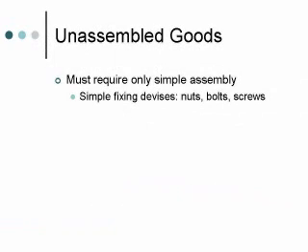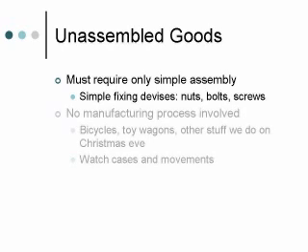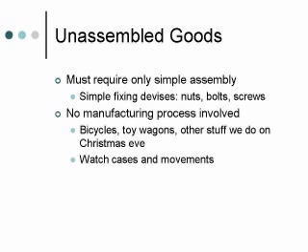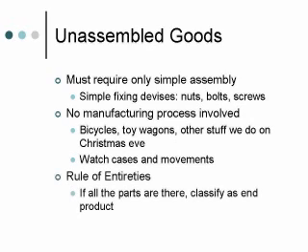Now let's talk about unassembled goods. The unassembled goods we are speaking of require only simple assembly, with fixing devices such as screws, nuts, bolts, wing nuts, this type of thing. There cannot be any kind of manufacturing process required or involved. Think of bicycles, wagons, dollhouses, and other items that require some assembly on Christmas Eve after one too many eggnogs.